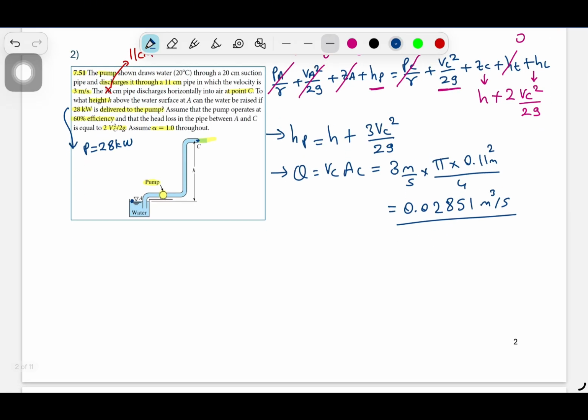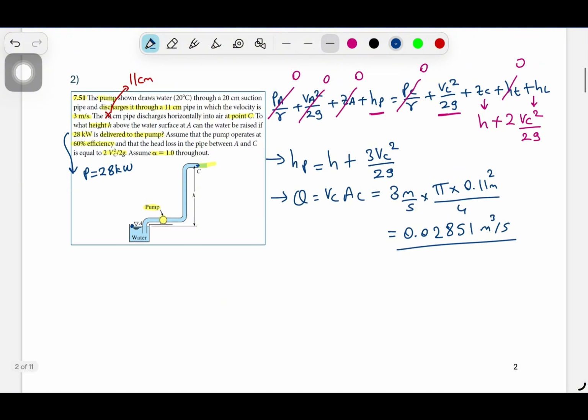And let's continue with the equation. So here we can calculate Vc square over 2g.